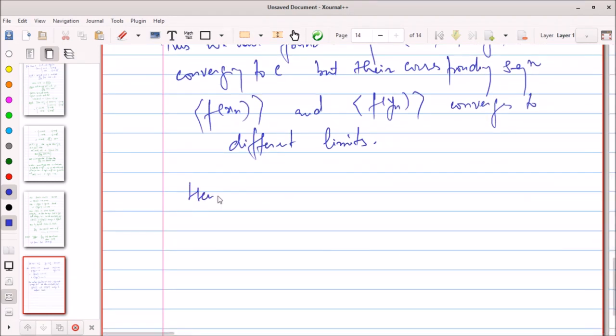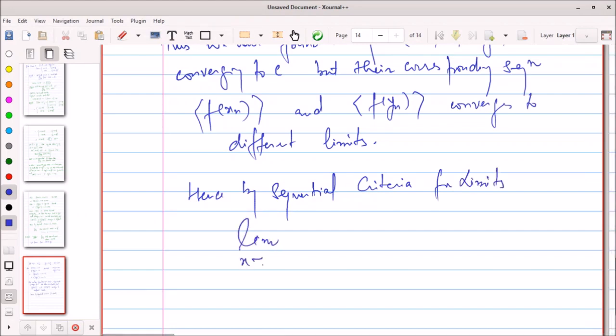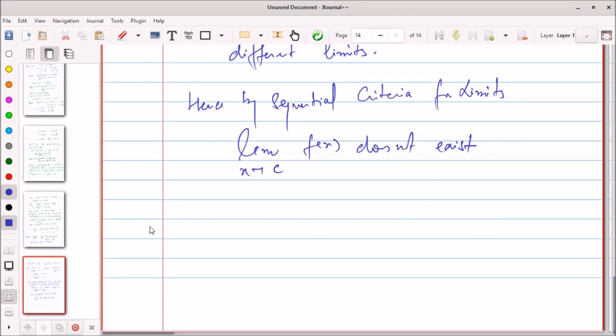Hence, by the sequential criteria for limits, limit x tends to c of f(x) does not exist. Now let us take its second part.